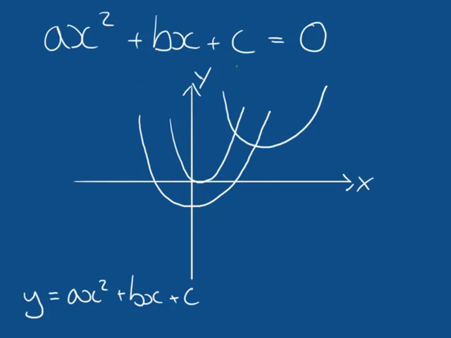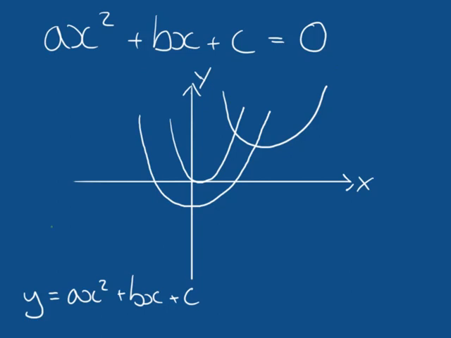So let's just recap everything that we've looked at so far before we move on to solving our quadratic equation. We know that the equation in the form of ax squared plus bx plus c is equal to 0 is called a quadratic equation.